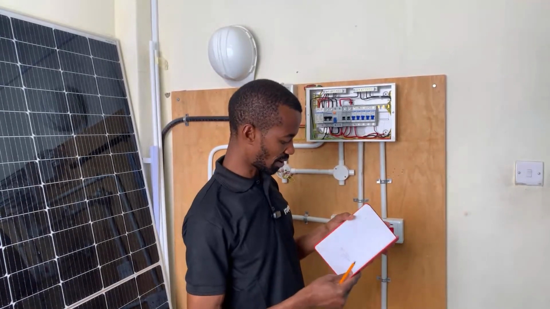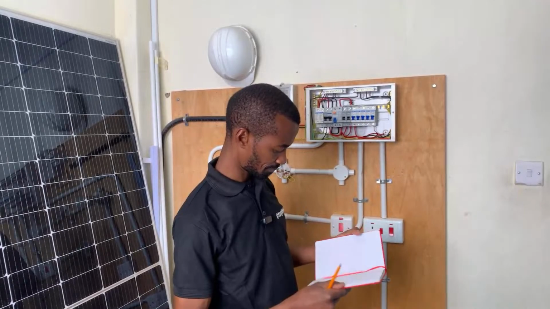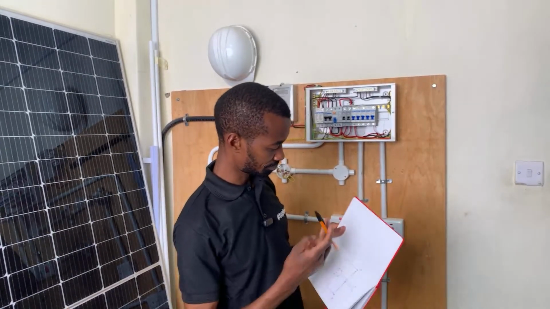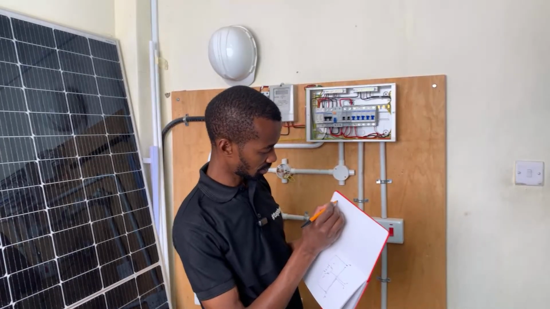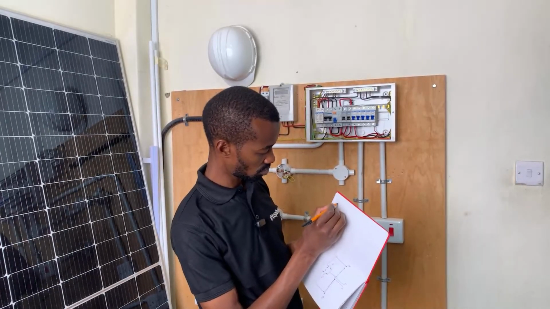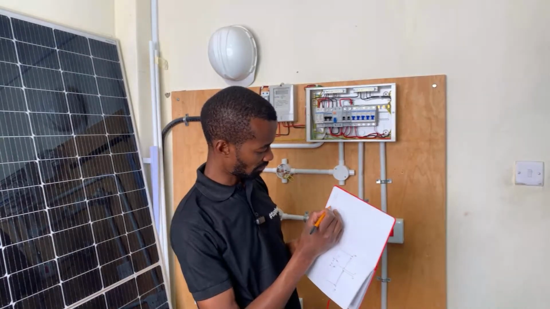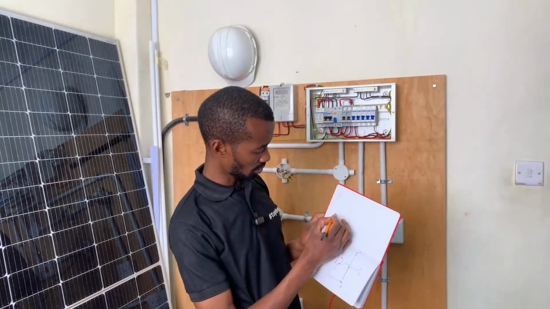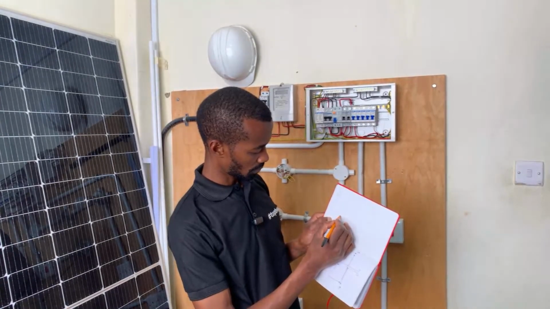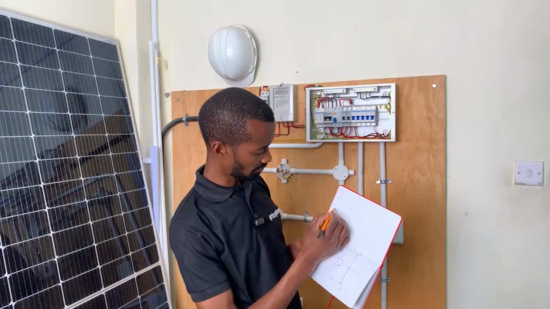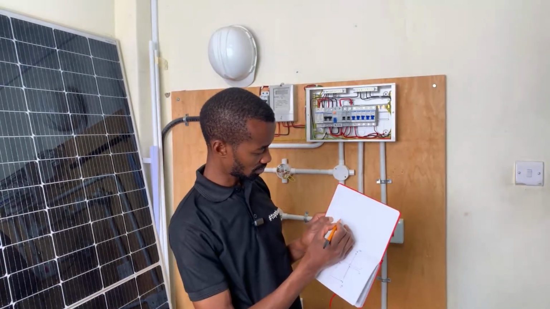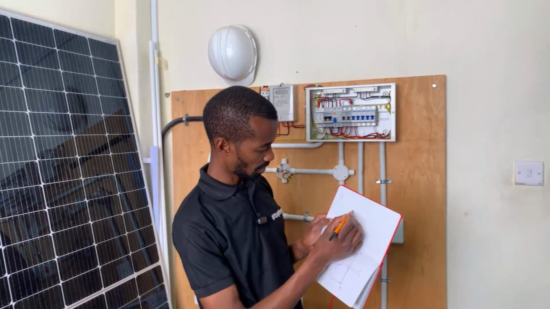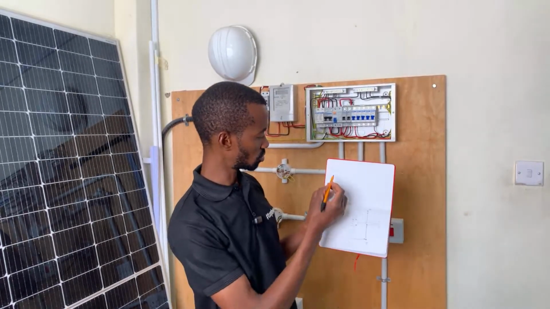So assuming we have our socket in one part of the room, like let's say this is the consumer unit, CU, and then we have the first bedroom. It goes to the first socket, then to the second socket, and then back to the consumer unit.